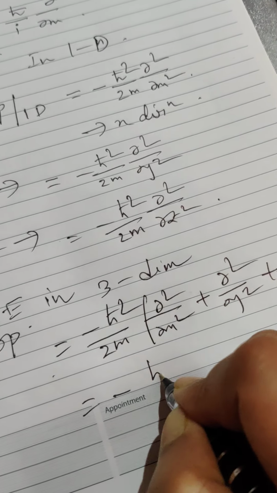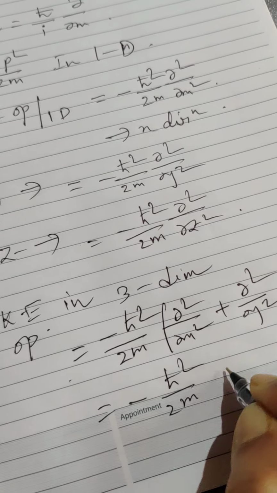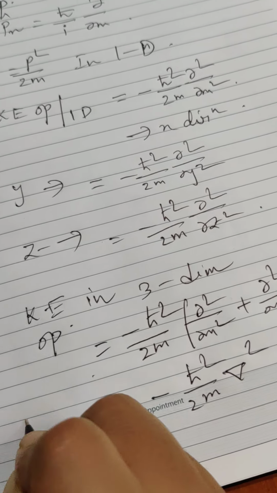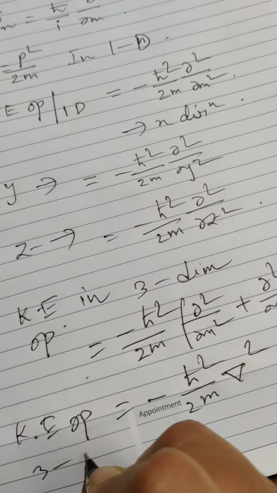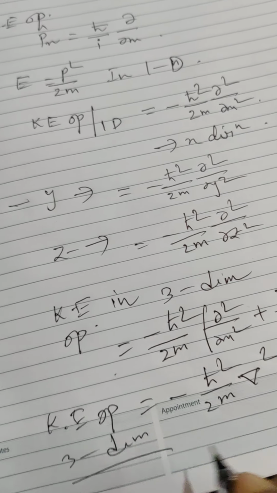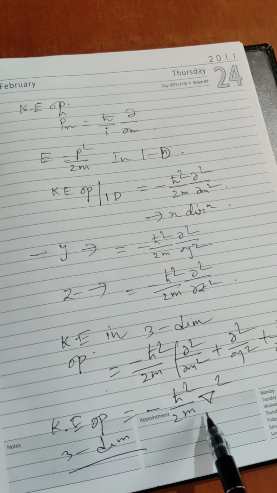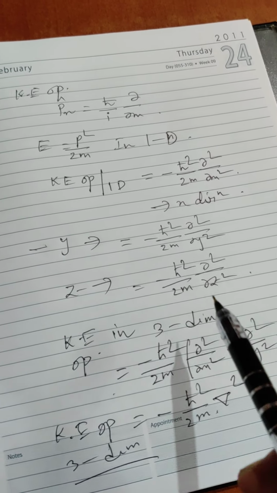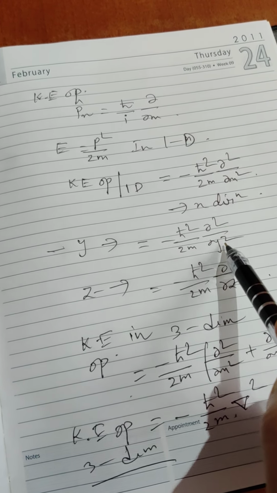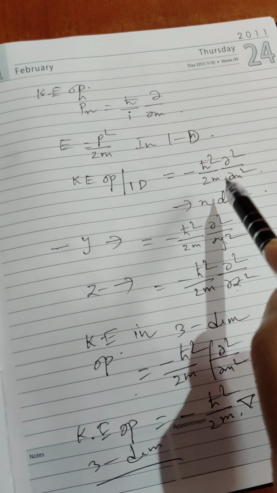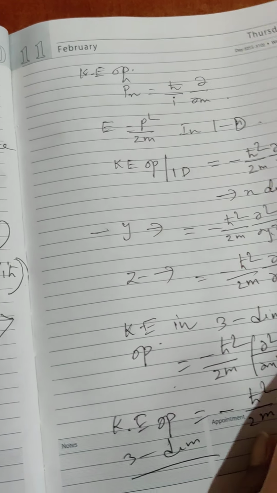What is this? This is minus ħ squared by 2m into grad squared. So this is the kinetic energy operator in 3 dimensions, and this is the kinetic energy operator in 1 dimension. This is along y, this is along z, and this is along x.